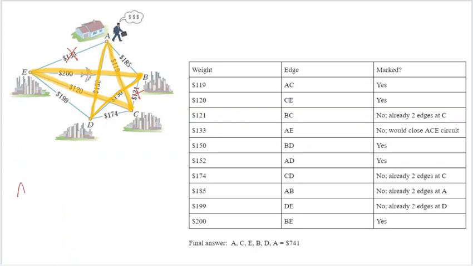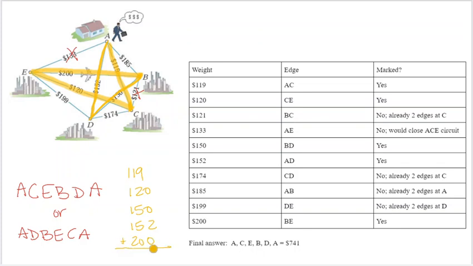So we can go A, C, E, B, D, A, or we could go in the opposite direction, A, D, B, E, C, A. Either one, they're the same. And if we add up all of these edges, we get 119, 120, 150, 152, 200, for a total of 741. So that is our answer using the cheapest link algorithm.